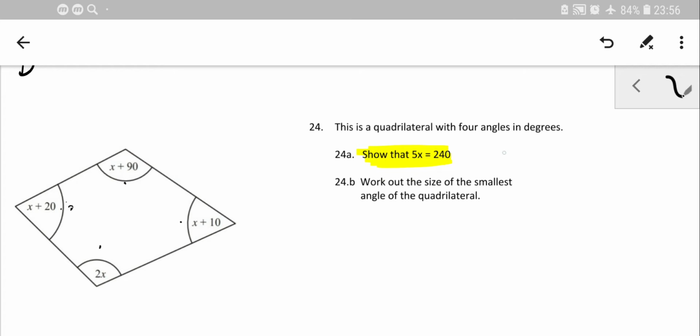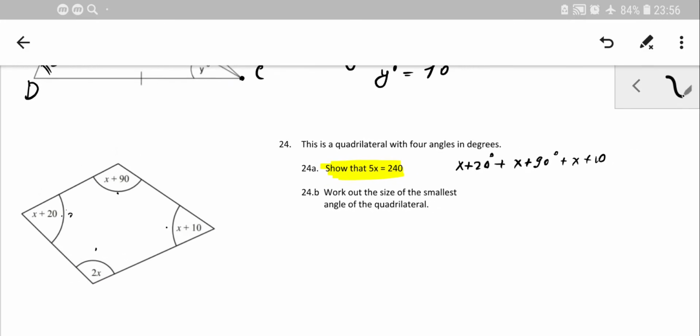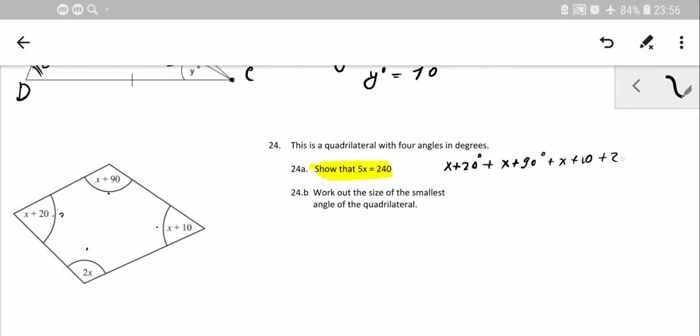So we just need to add all 4 angles: x plus 20, plus x plus 90, then x plus 10, and finally plus 2x. And it will form not 180 but 360, because it's a quadrilateral.